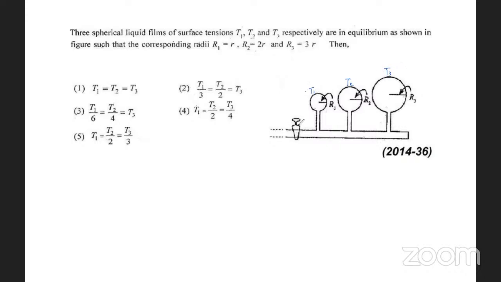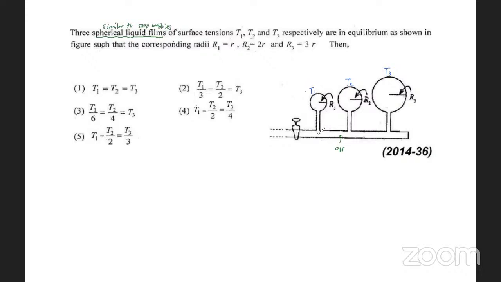Okay, people, now they have closed here, and there is air here, remember. This is air. This is a liquid film like a soap bubble, similar to soap bubbles. So what we have inside them is air.